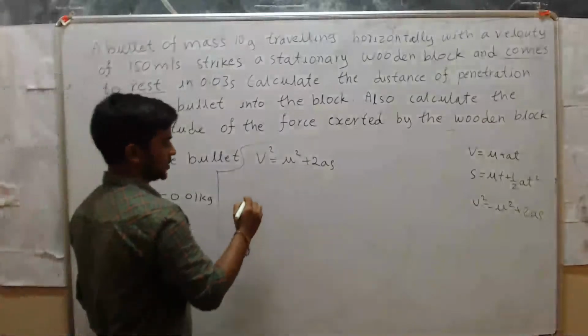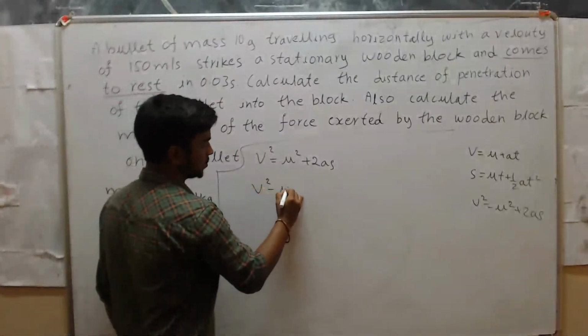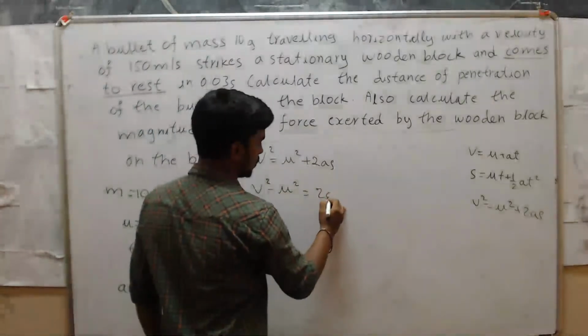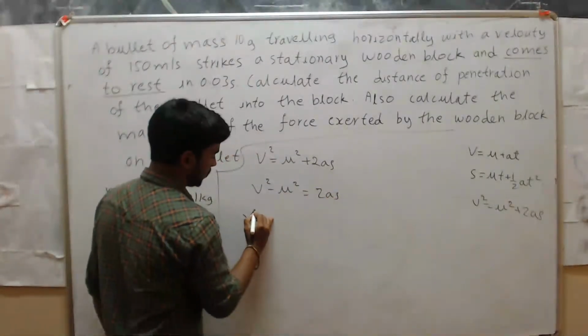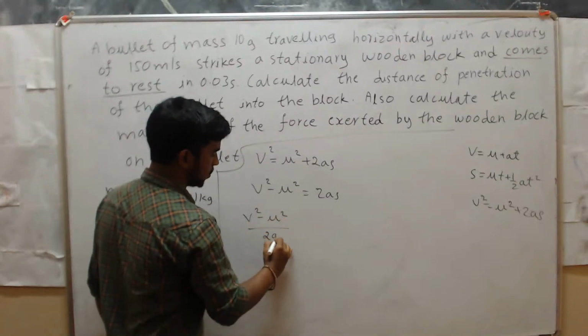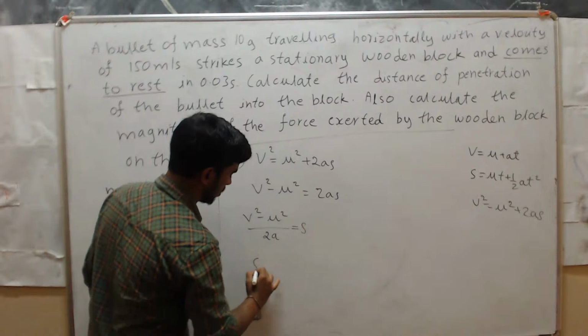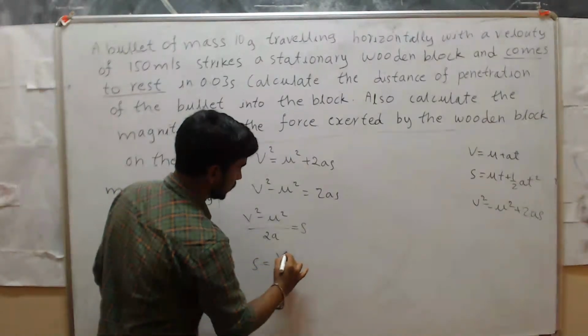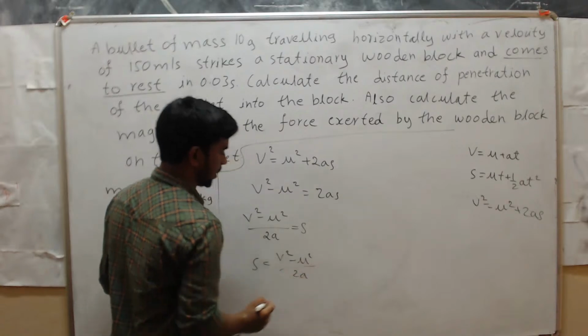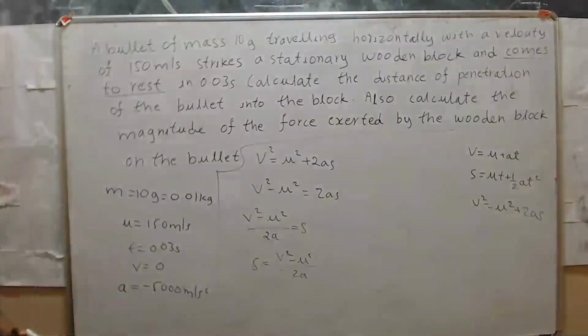Bring u square to this side: v square minus u square is equal to 2as. So s is equal to (v square minus u square) divided by 2a.